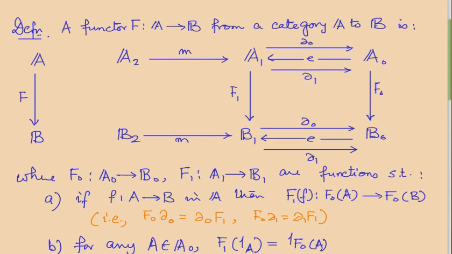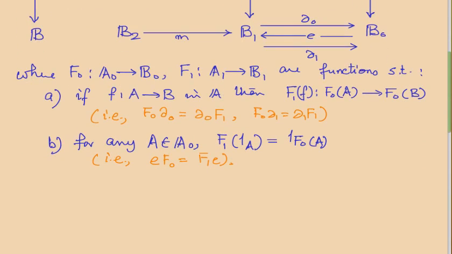So in other words, this part of the diagram reasonably commutes. The top squares commute, the bottom squares commute, and the middle squares also commute. Okay?